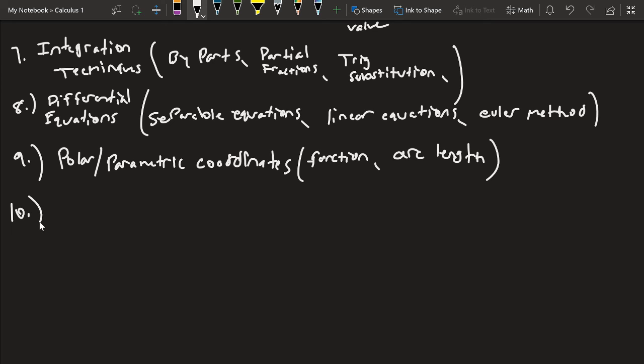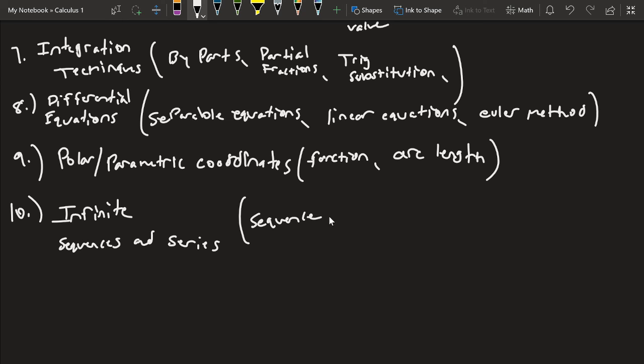Next up on the list, we'll talk a little bit about infinite sequences and series. Ultimately, infinite sequences and series are probably the hardest part of maybe all of single variable calculus, but especially of calculus 2, because this is arguably the most abstract of the sections. So with this, we'll recall the definition of a sequence and a series.